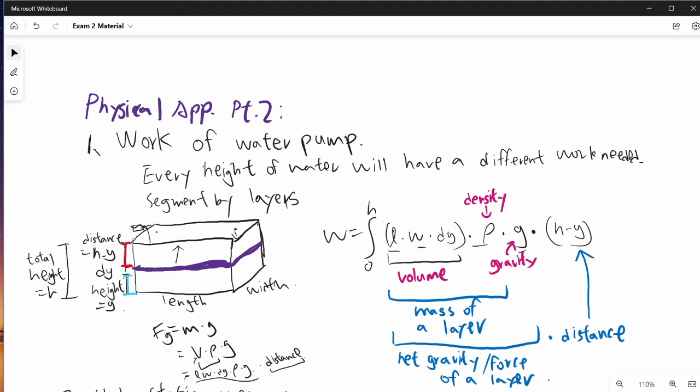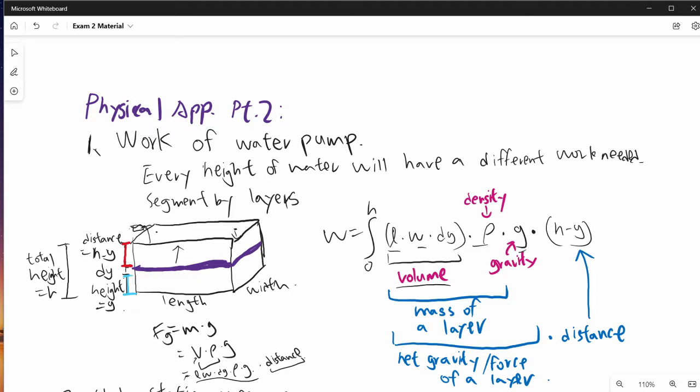That's the volume of one singular layer, times the density. This part will be the mass of one layer, and then times the gravity will be the net gravitational force on that one layer, and then times the distance. Then that will be the work done to remove that layer of water from the water tank.